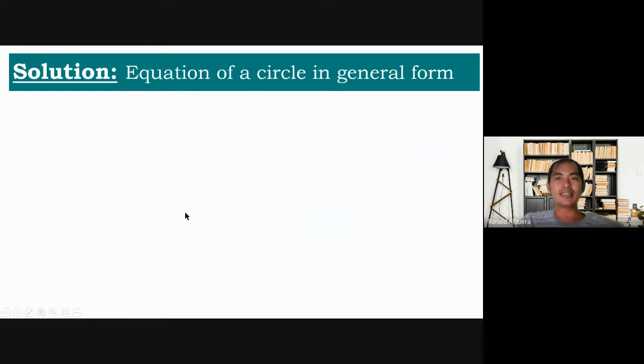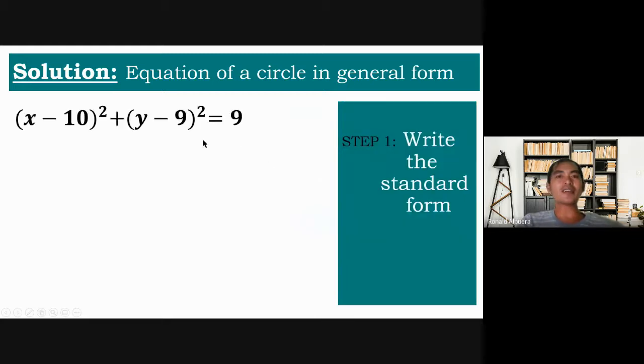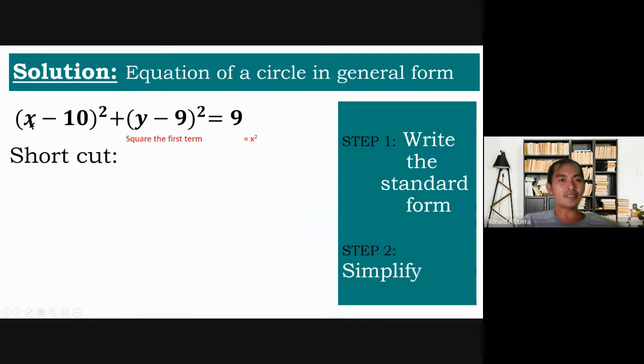Okay. Letter B is the equation of the circle in general form. Write first the given in standard form. Then expand the square of x minus 10. The shortcut is to square the first term. x times x is x squared.